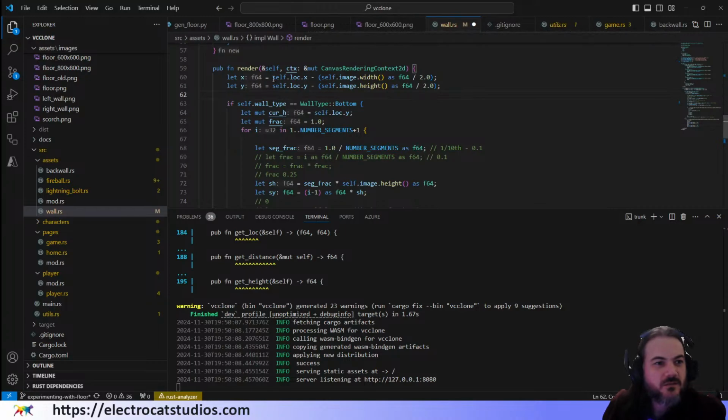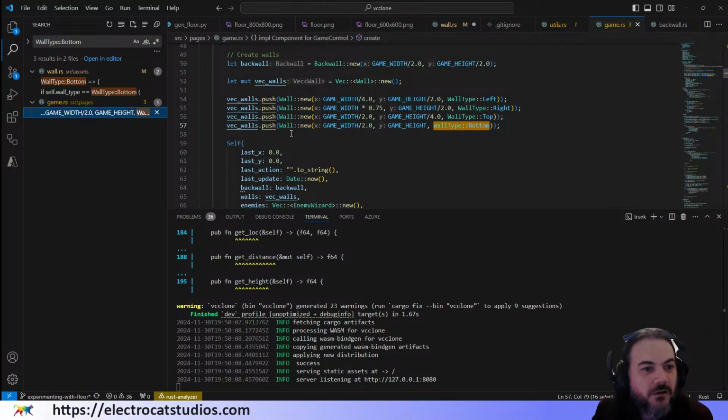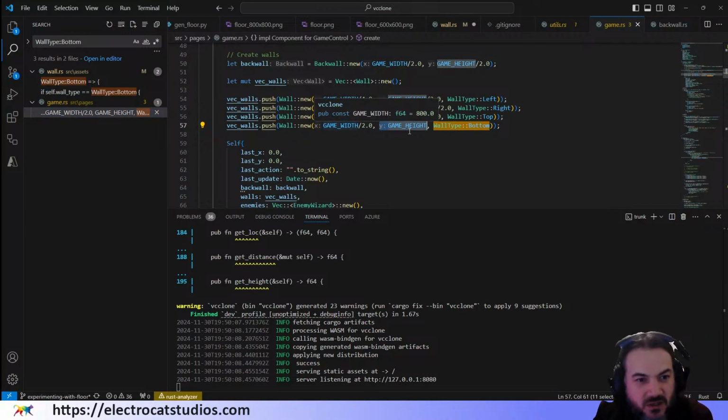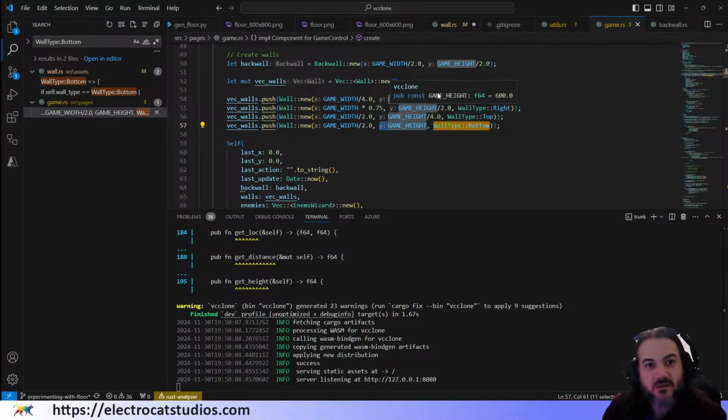So let's find where we create the actual, here we go. Game width over 2 and game height. So that's the center of the screen and all the way to the bottom. Good. So the self.lock.y is the maximum point.